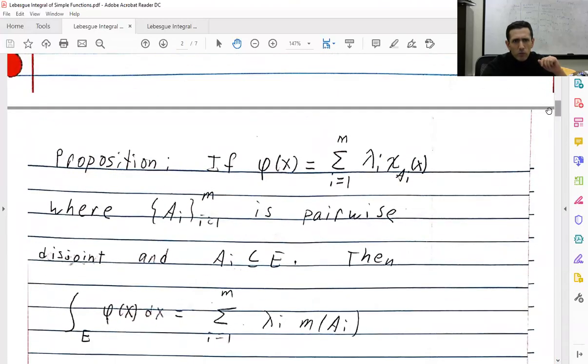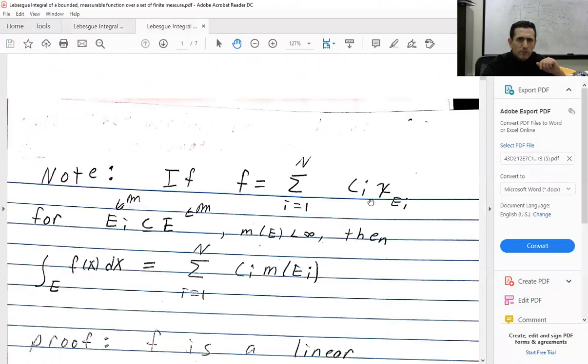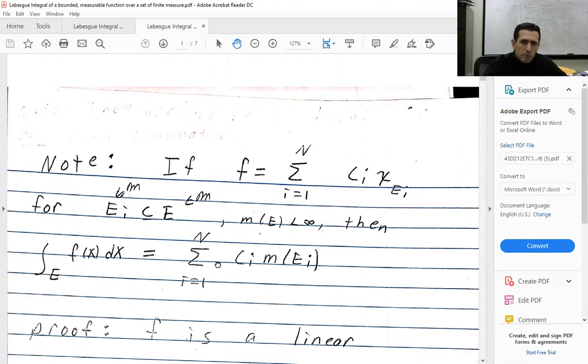But now that we have linearity, let's check that we can remove this superfluous assumption that these are pairwise disjoint. Particularly, if f is written as the sum here, where the EI are not necessarily disjoint, but each EI is still a subset of E and has finite measure, then this integral is what you would expect and what you get from linearity.